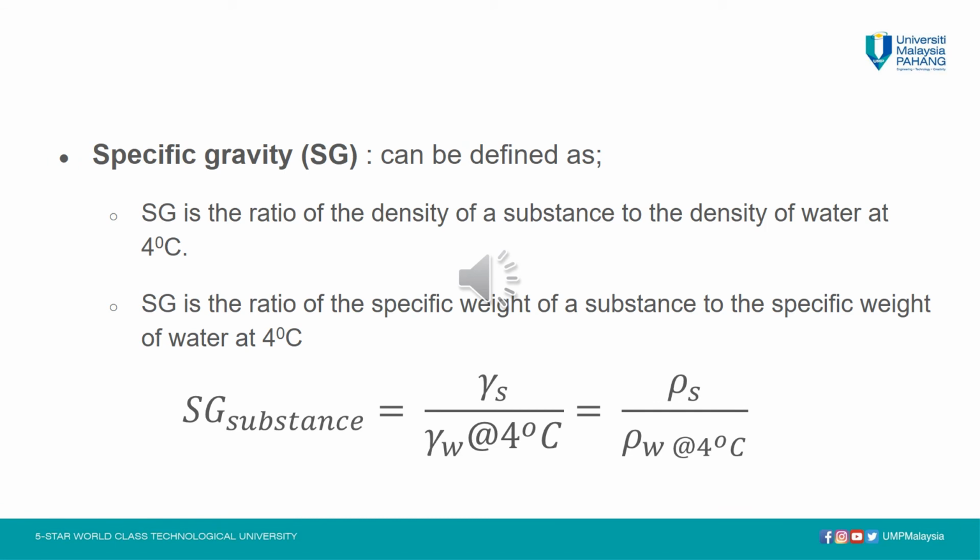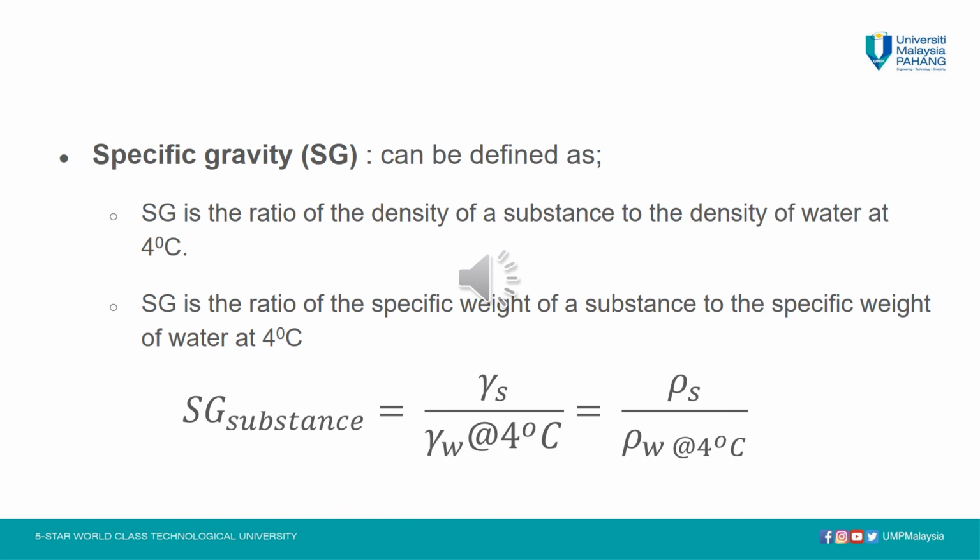It is often convenient to indicate the specific weight or density of a fluid in terms of its relationship to the specific weight or density of a common fluid. When the term specific gravity is used in this course, the reference fluid is pure water at 4 degrees C, the temperature at which water has its greatest density.